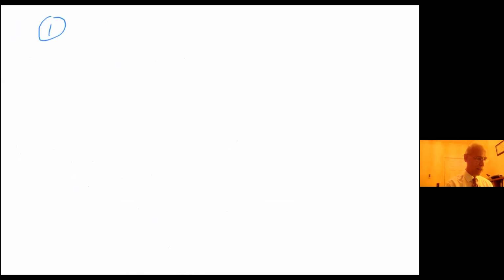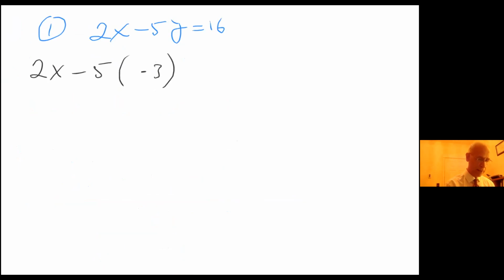Remember that originally our equation 1 was 2x minus 5y equals 16. So 2x minus 5 times, we found y to be -3, equals 16. Now 2x plus 15, -5 times -3, equals 16.